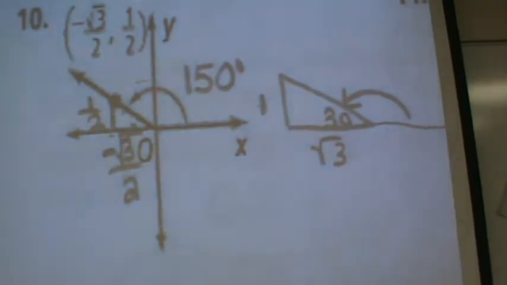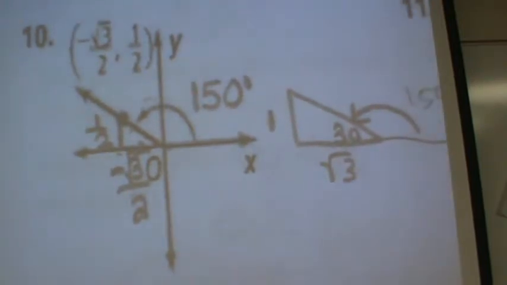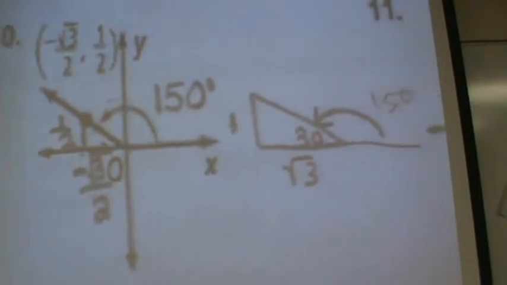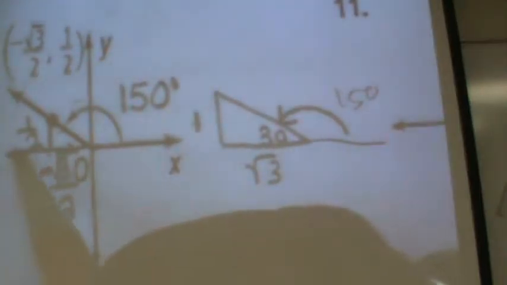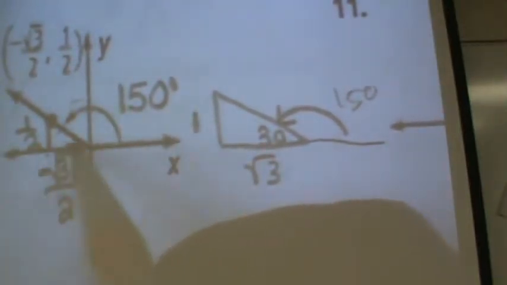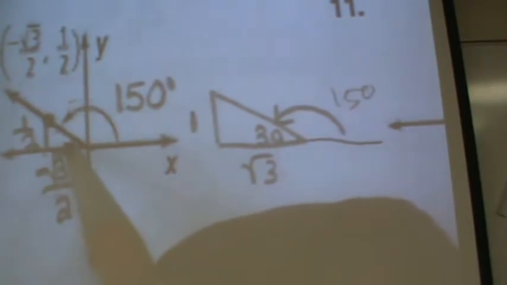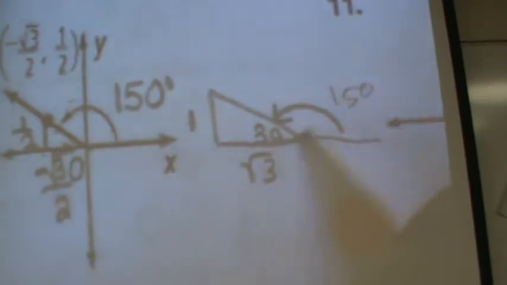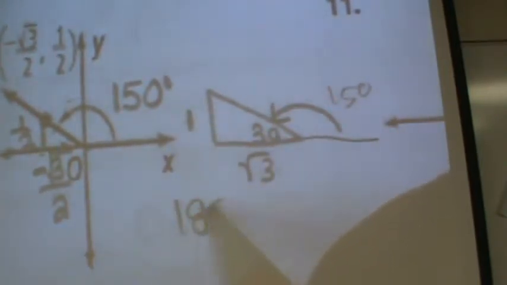So if this is 180, subtract the 30 from 180, and that's 150. That's a linear pair. Yep. Did everyone understand that? He's saying that this is 180 degrees. If you pop out 30 degrees, because we figured this to be 30, 180 minus 30 is 150.